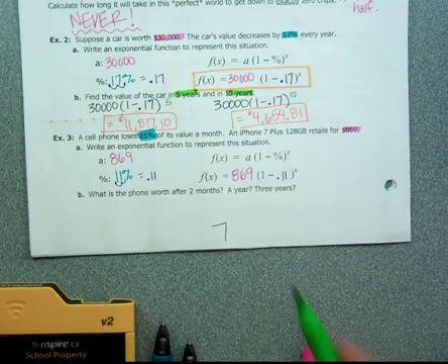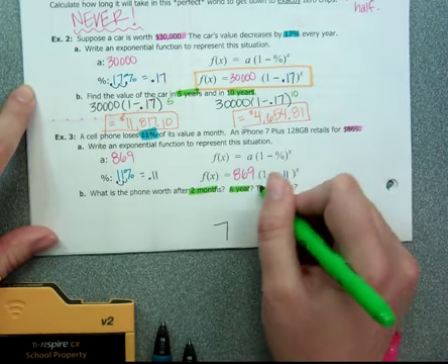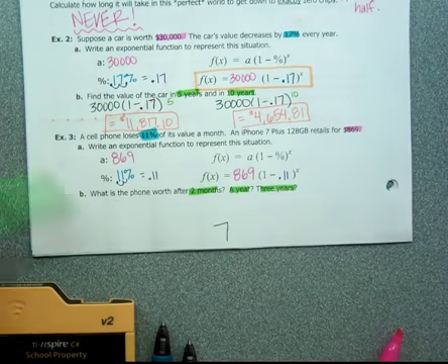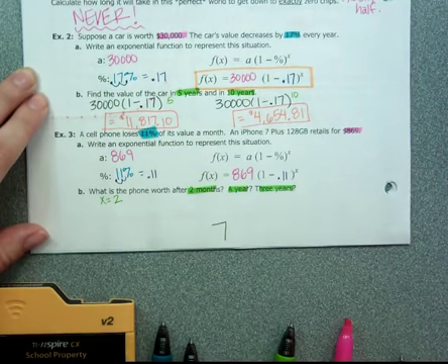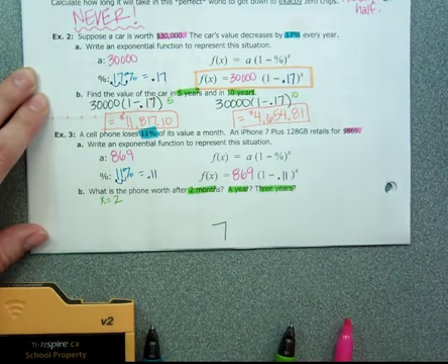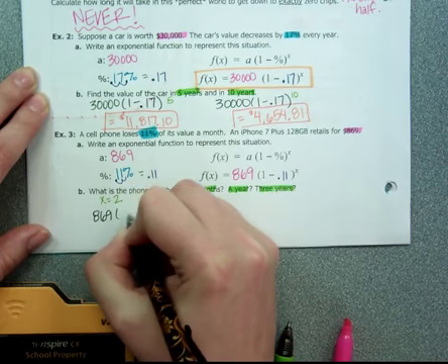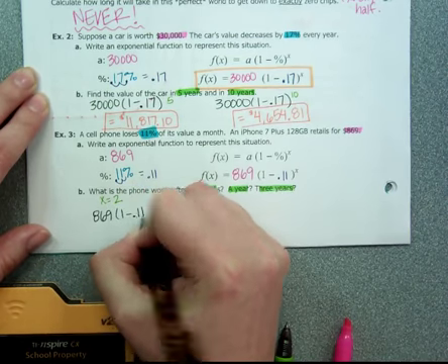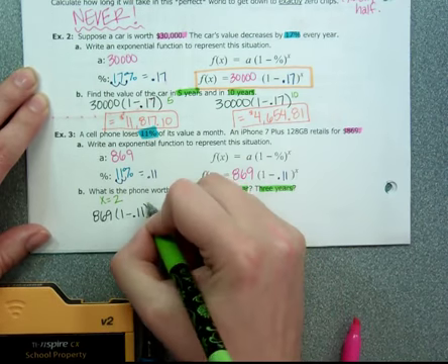Alright, so this time it gave us 3 things for B. 2 months, a year, and 3 years. So for 2 months, I'm going to use x equals 2. So I'm going to take my function, and I'm going to do my exponent of 2.